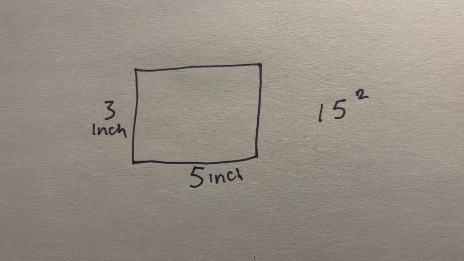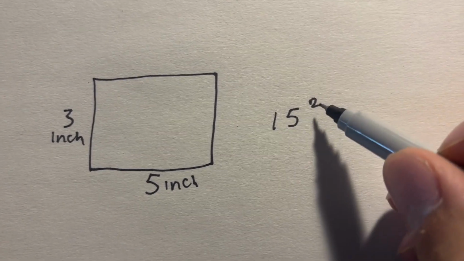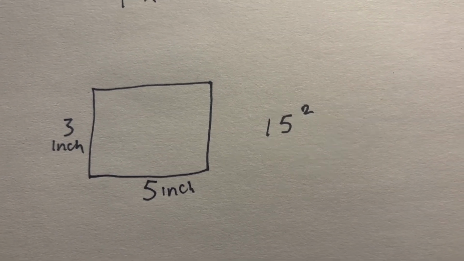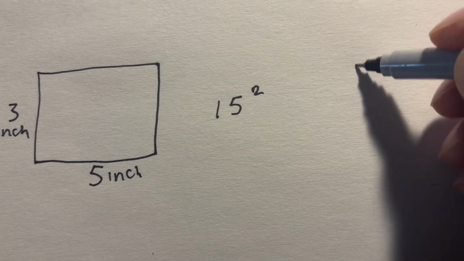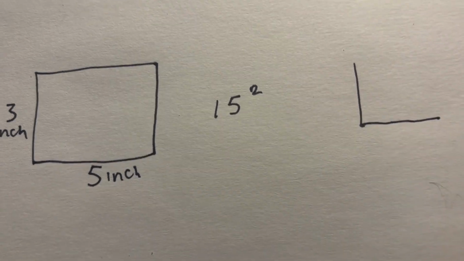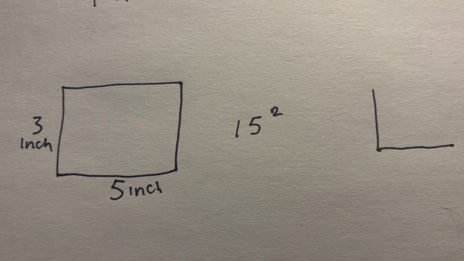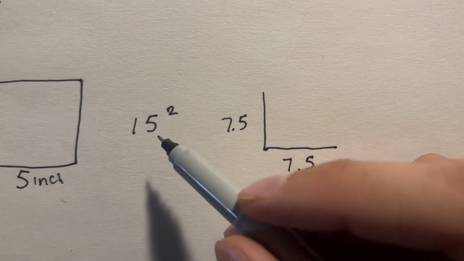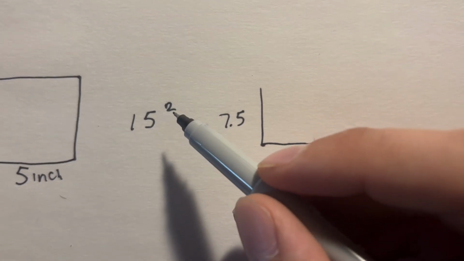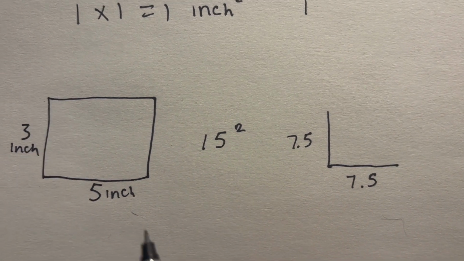squared. The way of looking at this is 15 divided by 2 would be the size of the length and the width. So that's kind of what that symbol represents. So if you take 15 squared, which is what we got here, which means if it's a square, equal sides.